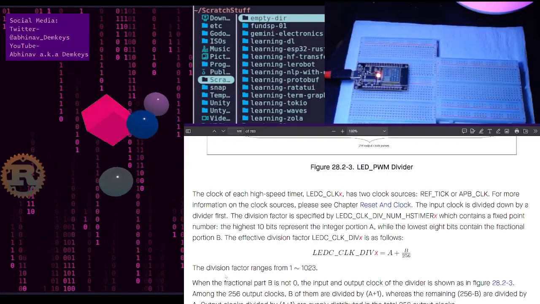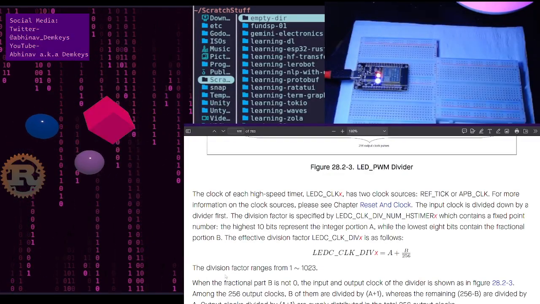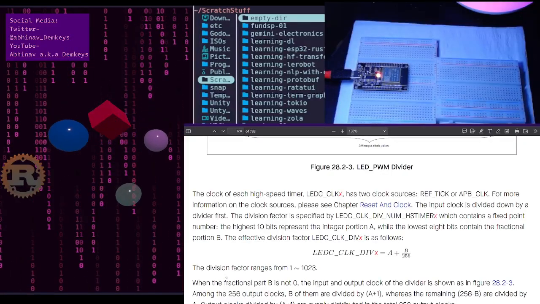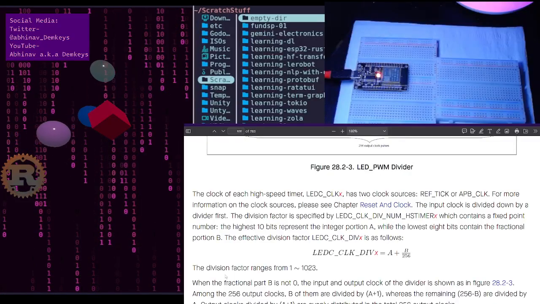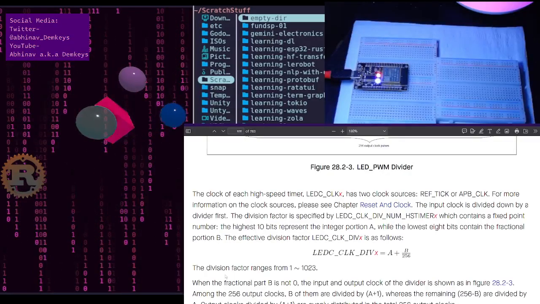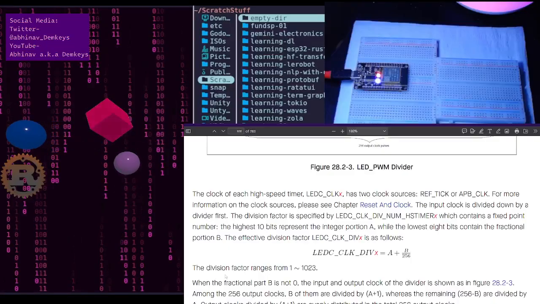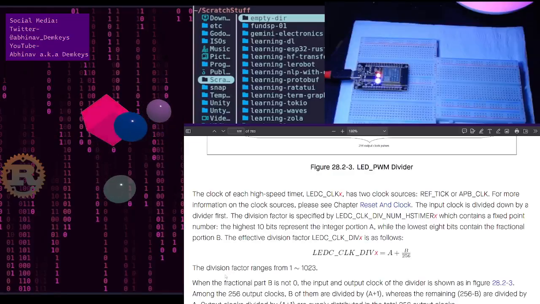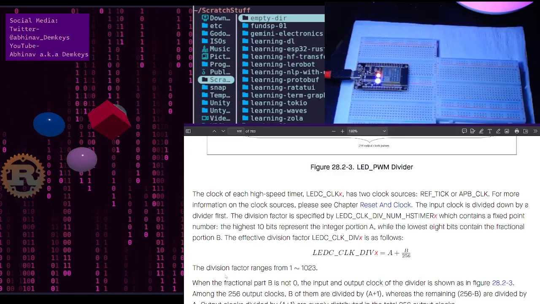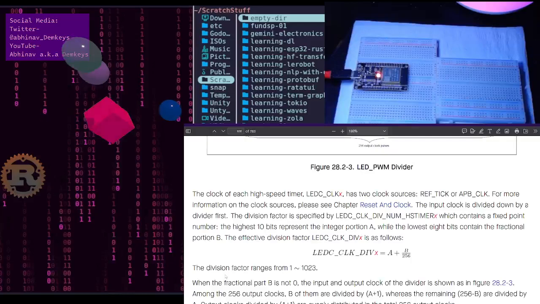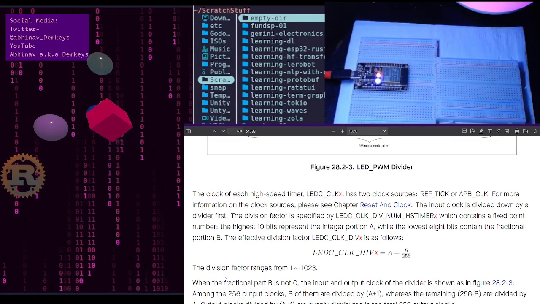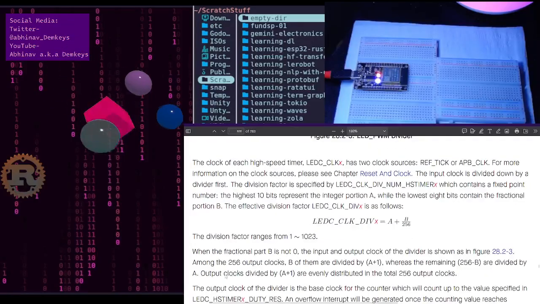The highest 10 bits represent the integer portion A, and the lowest 8 bits contain the fractional portion B. Okay, the effective division factor, LEDC clock div, is as follows. The division factor ranges from 1 to 1023.